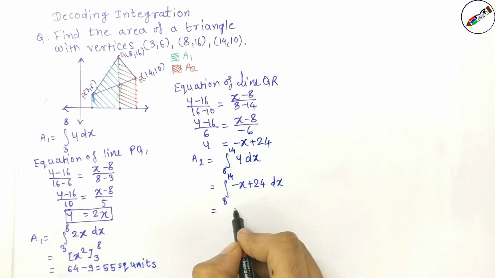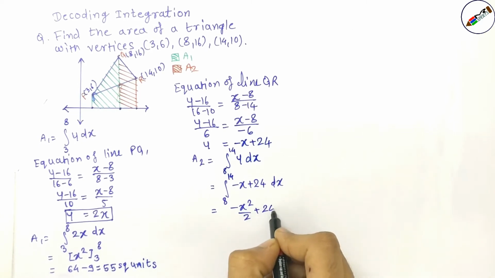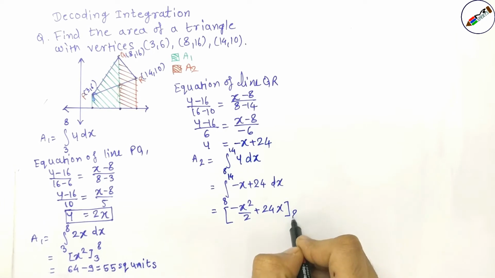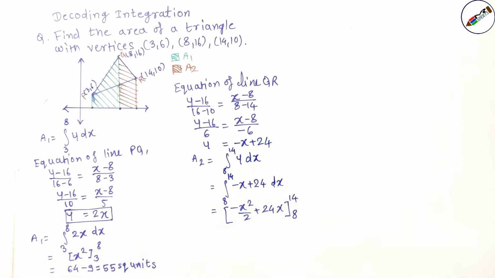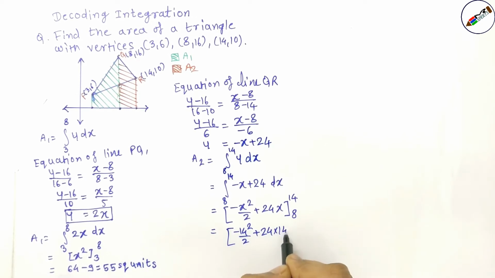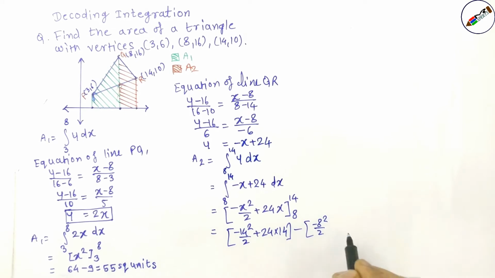Let us integrate this. What will it be? Minus x square by 2 plus 24x and the boundaries 8 to 14. Now, let us substitute these boundaries. So, first of all, I will say minus 14 square upon 2 plus 24 into 14 minus 8 square upon 2 plus 24 into 8.